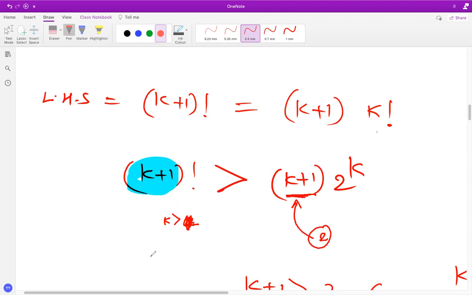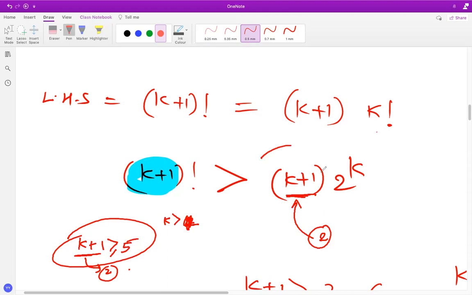As you create the reasoning, if I replace this value with a smaller number, let's say 2 or any other smaller number, the inequality is not going to change. A bigger weight replaced with a smaller weight, so the inequality holds true.